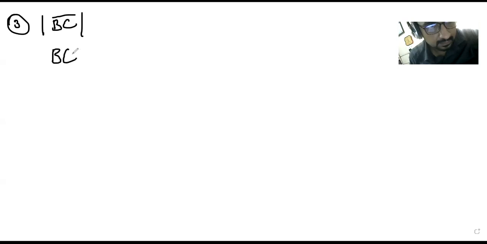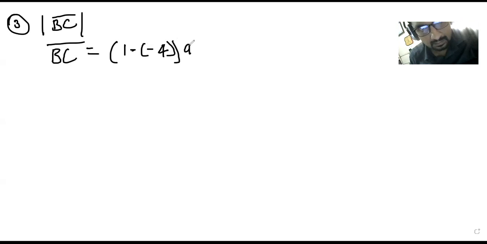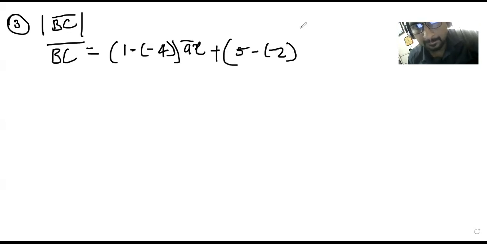First of all, you can calculate BC bar, which is equal to minus 1 minus of minus 4 a bar x, plus, into bracket, 5 minus of minus 2 a bar y, right?